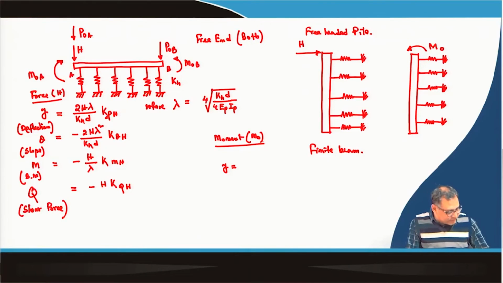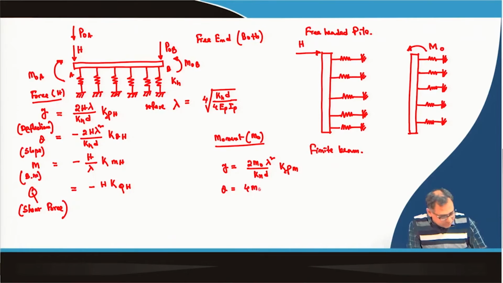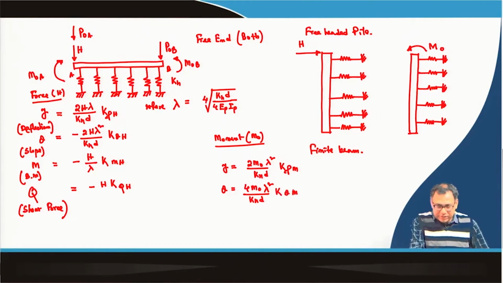So, the deflection equation will be 2 m0 lambda square divided by k h d, then k rho m. Theta is equal to 4 m0 lambda square divided by k h d into k theta m, because initially it was for the h, that is why h is written, now it is for m0, so m is written.